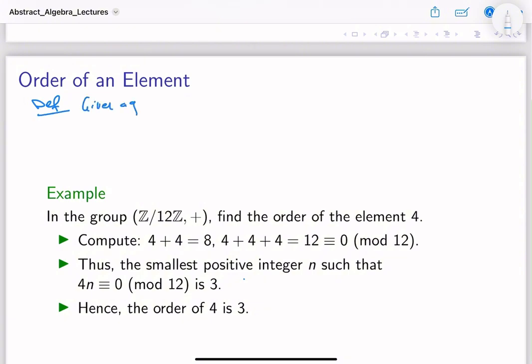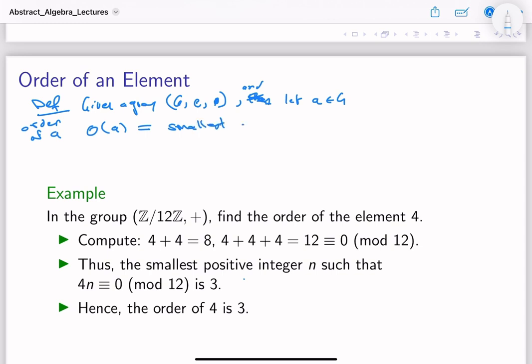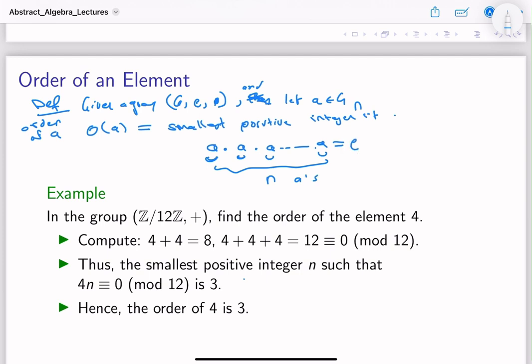Given a group G with identity e and operation dot, let a be in G. The order of a, we're defining this, is the smallest positive integer n such that if you apply the operation to n a's, you get the identity back.